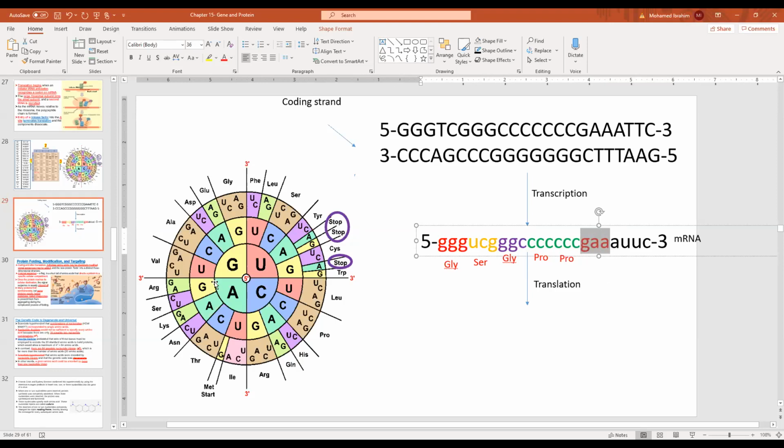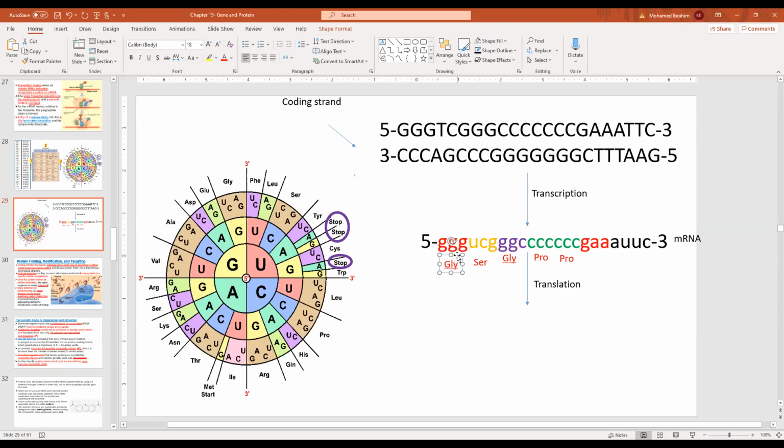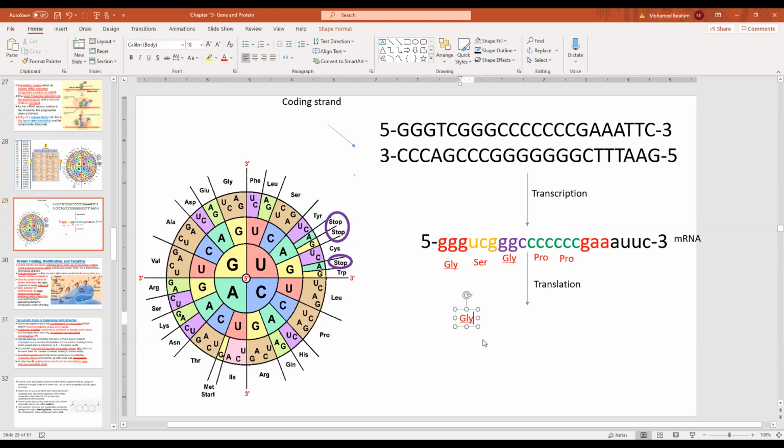But GAA, again. So this is not glycine, right? It's different. It is GLU, and GLU means glutamic acid, or glutamate.